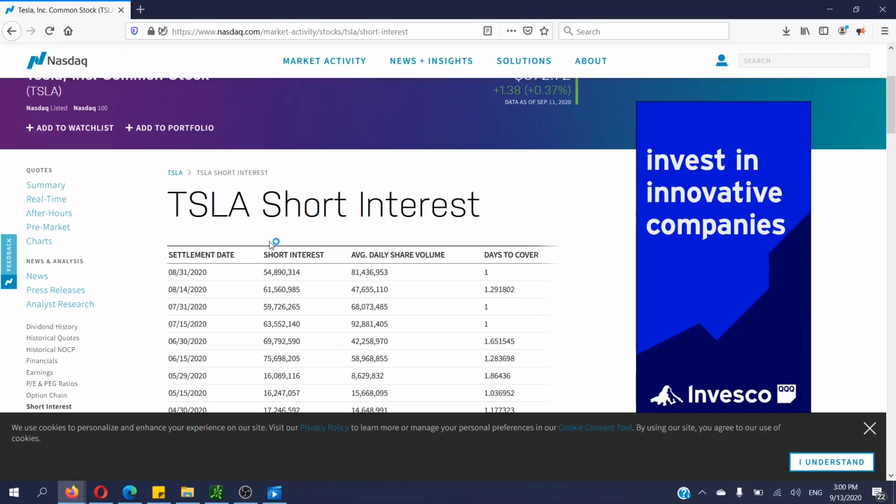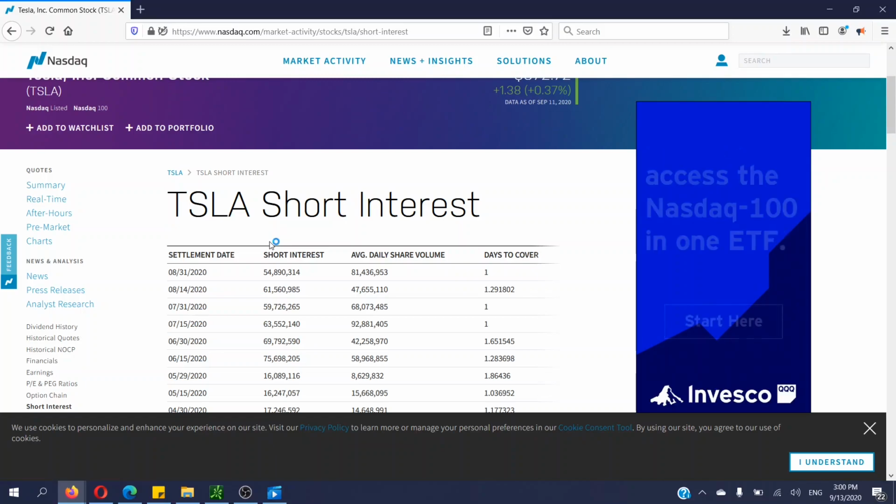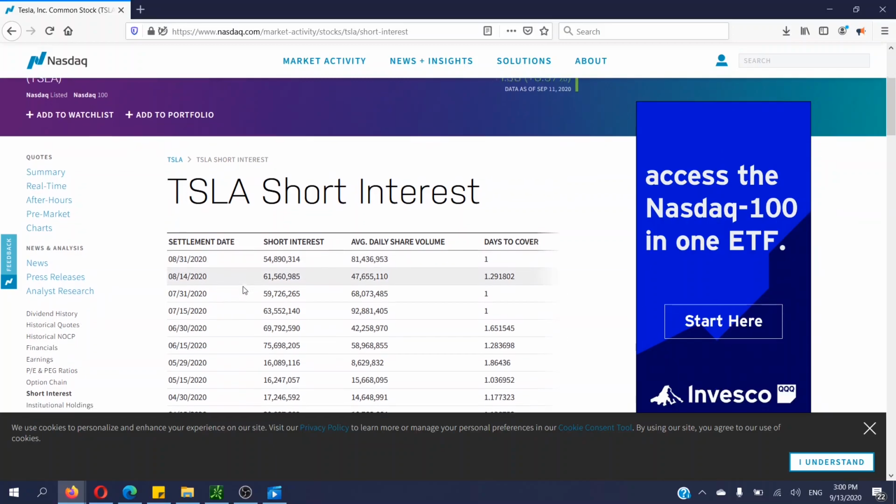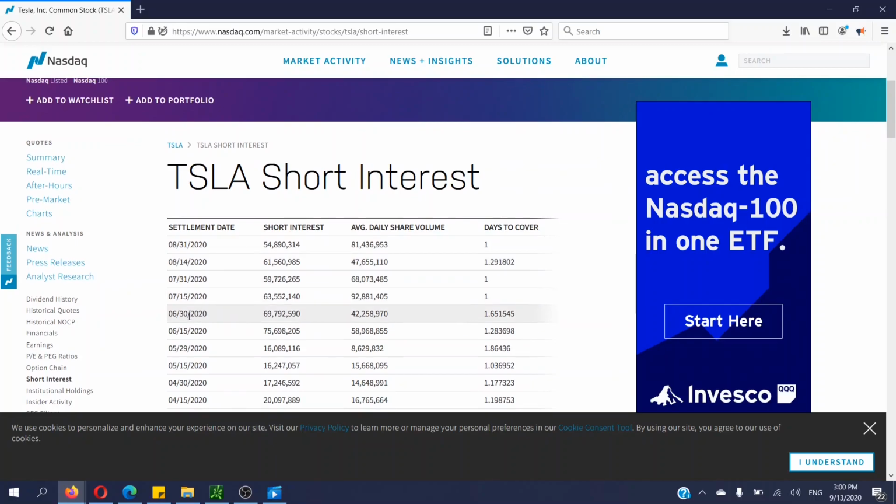Within 2 weeks or so, the exchange will publish it to the general public. So right now we have the details till 31st August. Here you can see that by 30th of June, Tesla short interest was 69 million. Now it came down to 54 million.